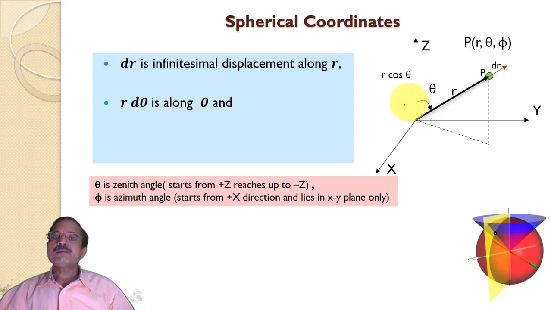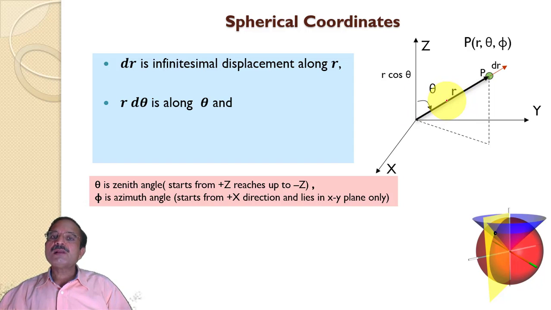Now, in the same manner, if I want to find the corresponding differential displacement in the theta direction: theta is increasing in this direction. Theta equal to 0 is along the z axis. So, d theta is the small change in angle.